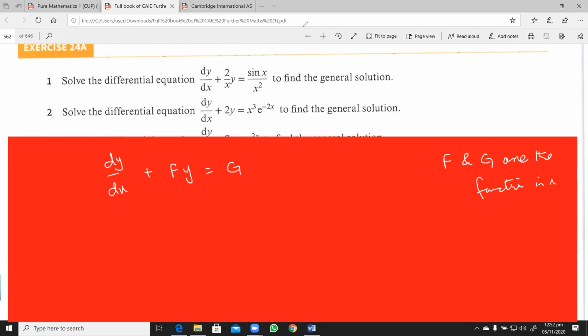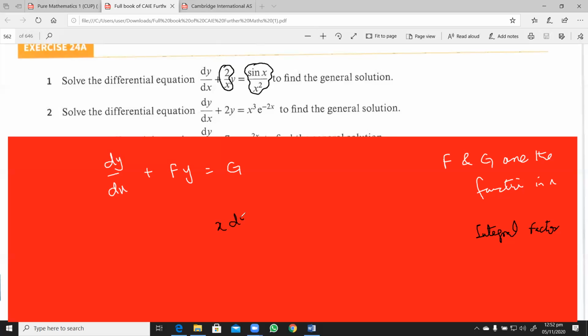You can see that 2 over x is a function in x, and all of this is a function in x over here. So I have to introduce the method where we find the integrating factor to be able to solve these differential equations.